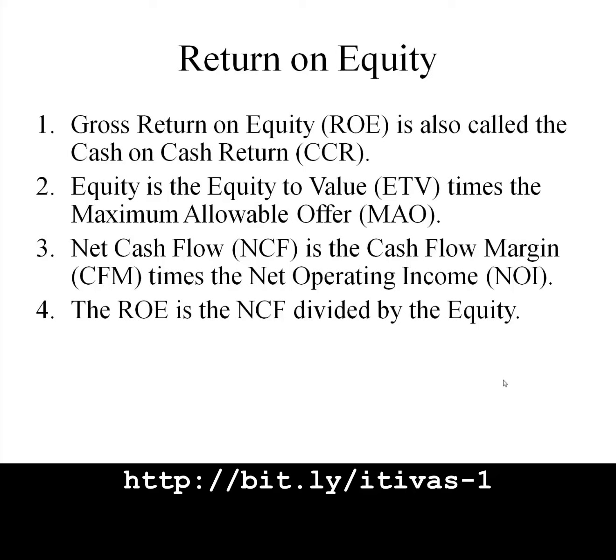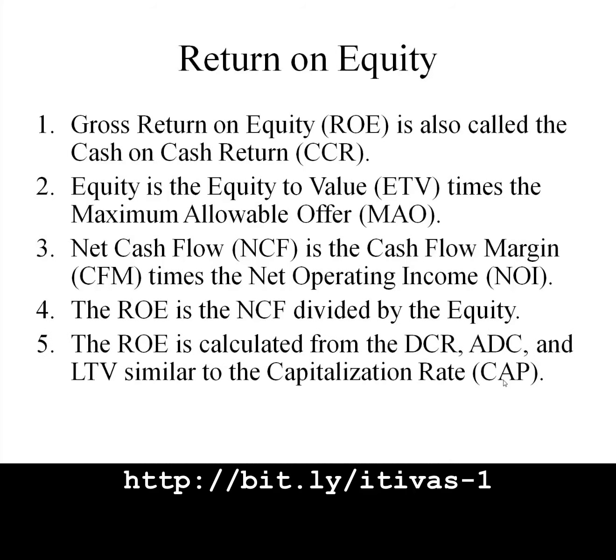The ROE is the NCF divided by the equity. That is, you take your net cash flow divided by how much cash you invested in the property, and that is your return on equity. The ROE is calculated from the debt coverage ratio, annual debt constant, and loan-to-value ratio, similar to the capitalization rate, CAP.